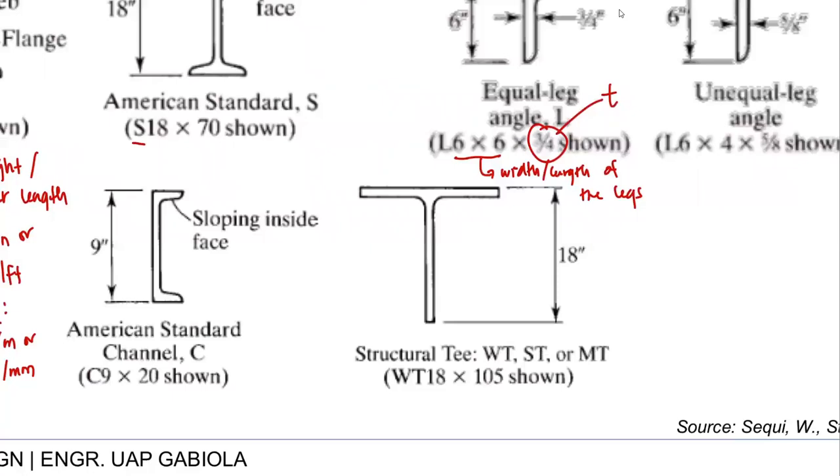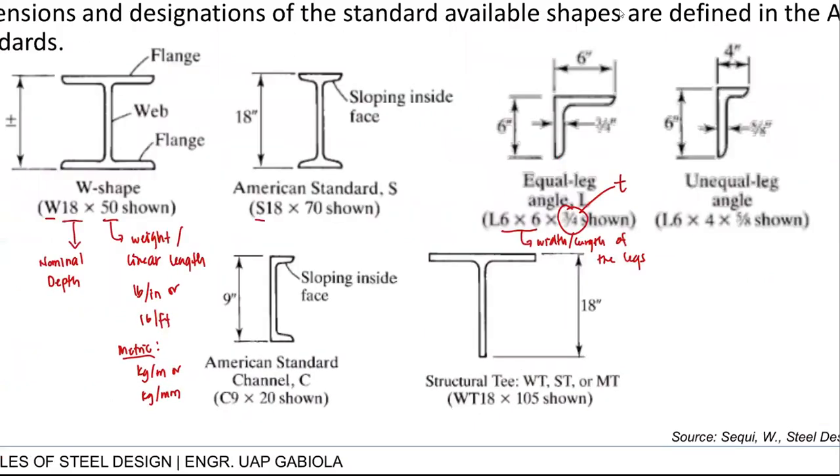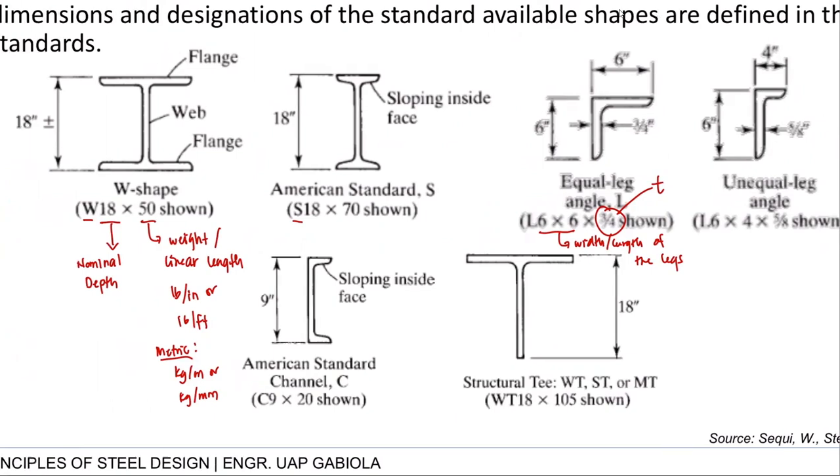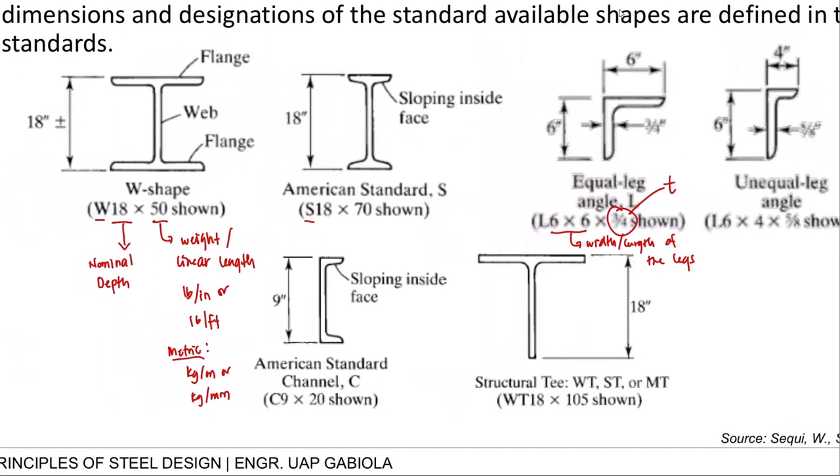So structural T is actually just the half or the cut version of a W shape or S shape section. As you can observe here, when you cut a wide flange in half, you can see here our T section or our structural T.